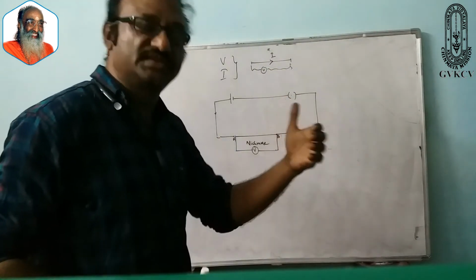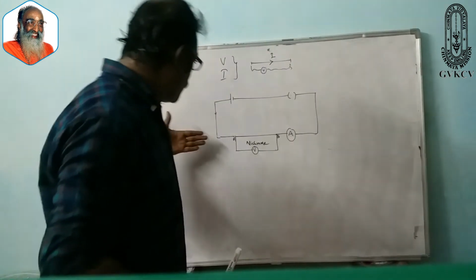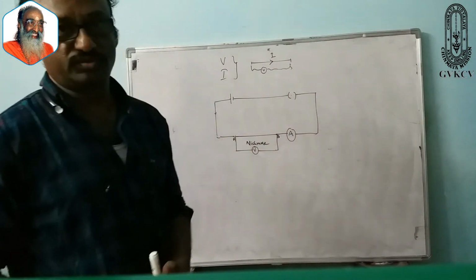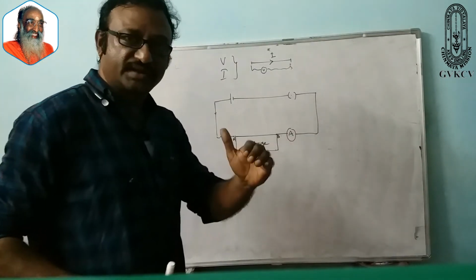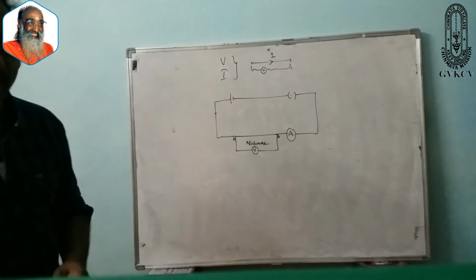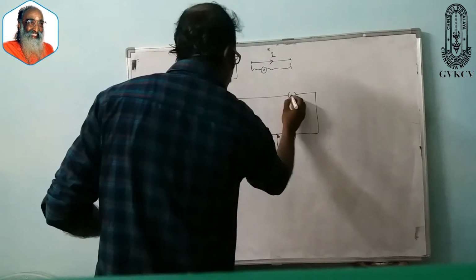Now look at this voltmeter here. I did not connect it along with the circuit, it is parallel to the circuit. So the ammeter is always connected in series with the circuit and the voltmeter is connected in parallel with the circuit.